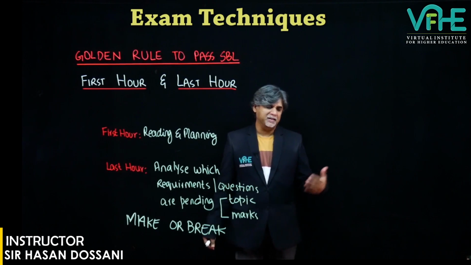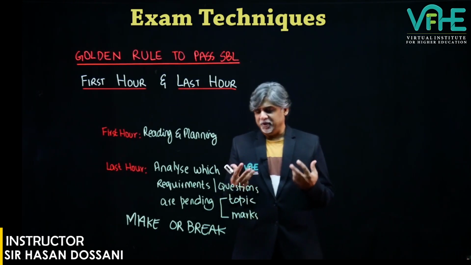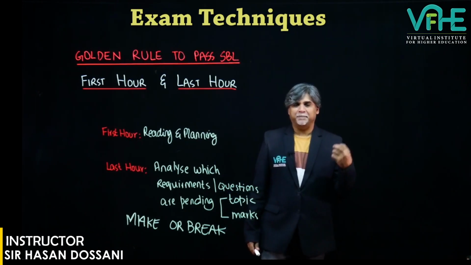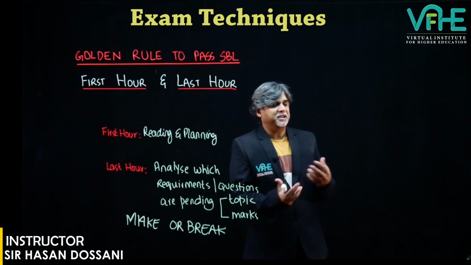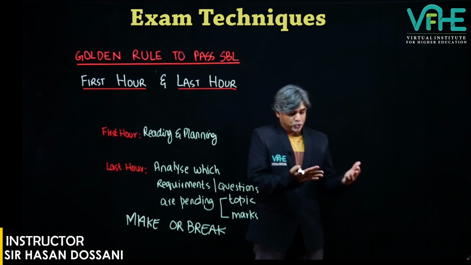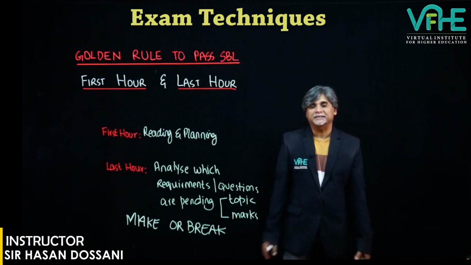And in the end, if I run short of time, which requirement did I miss? I missed the requirement, disruptive technology, which anyways I was not sure about. There was very little information, so no regret. I missed doing something which I didn't know. Right? This is common sense.